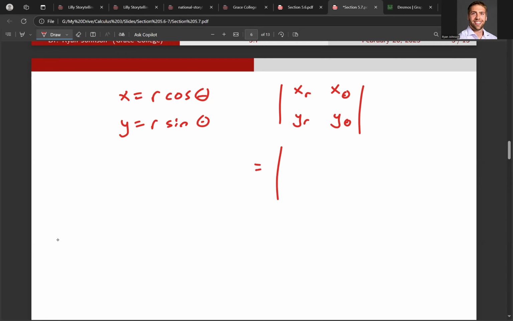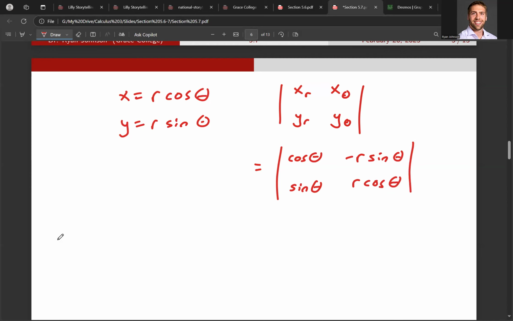What is the derivative of x with regard to r? Cosine theta. What is the derivative of x with regard to theta? Negative r sine theta. Then similarly, y with respect to r is sine theta, and y with regard to theta is r cosine theta.